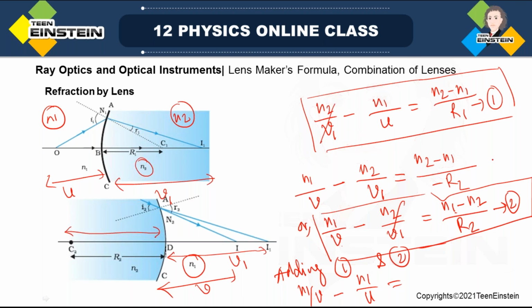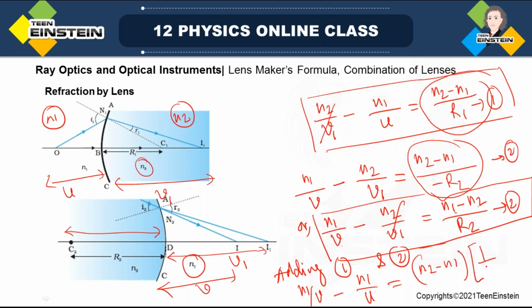If we add the right hand sides, what you get is N2 minus N1 whole into 1 by R1 minus 1 by R2.